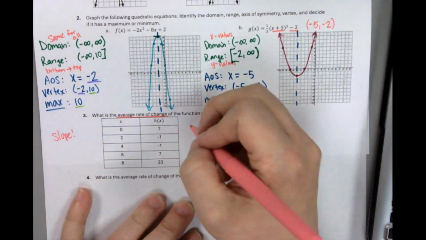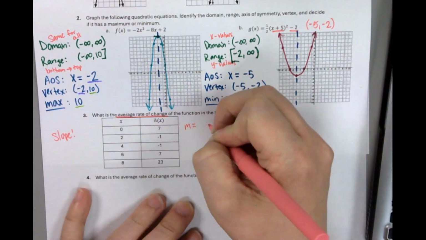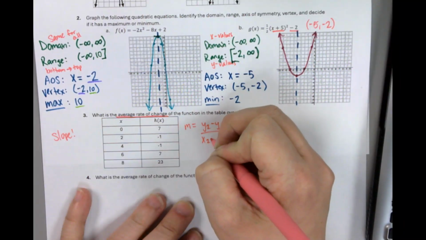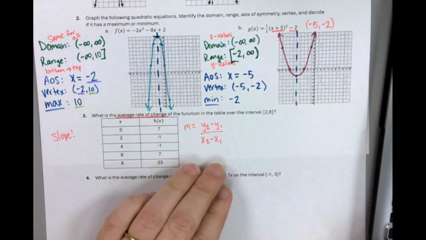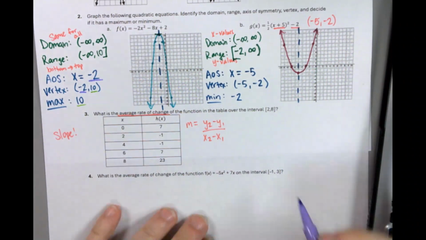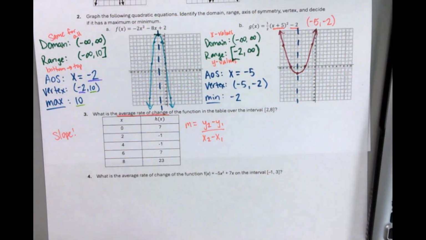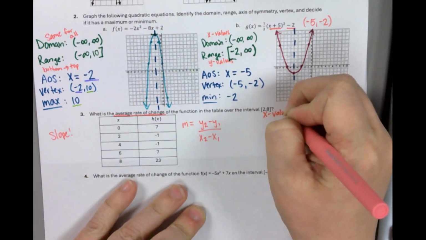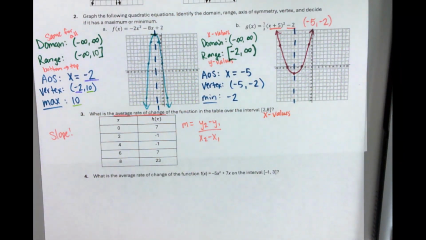Specifically, we have our slope formula, which is y2 minus y1 over x2 minus x1. This is in pink, so this is just an extra help. This is over the interval 2, 8. These numbers are x values. So they tell us where on our table we're looking for the x values.